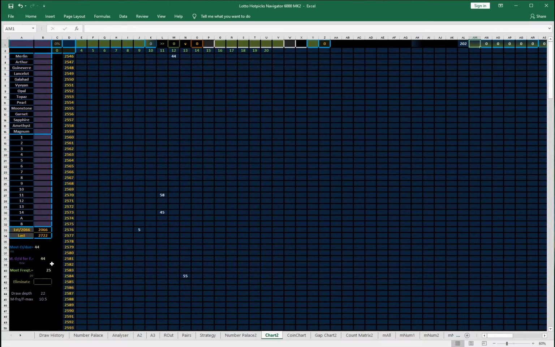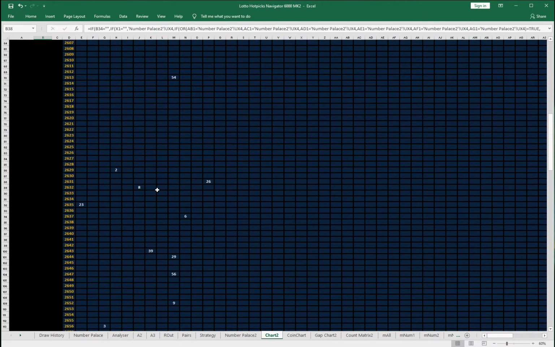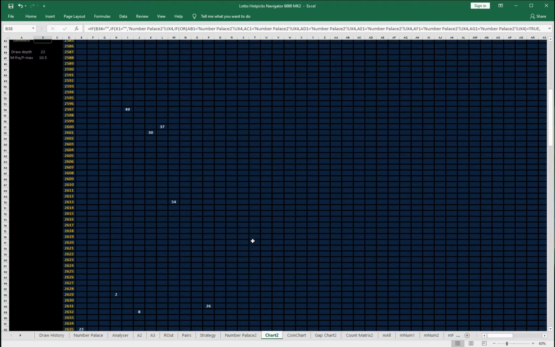Now when you do that, we've got a chart now for that series of numbers in the first column. And you notice it's a different shape now. The chart is stretched out vertically.